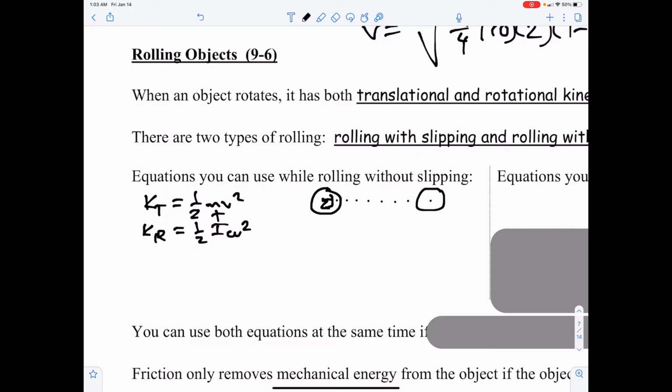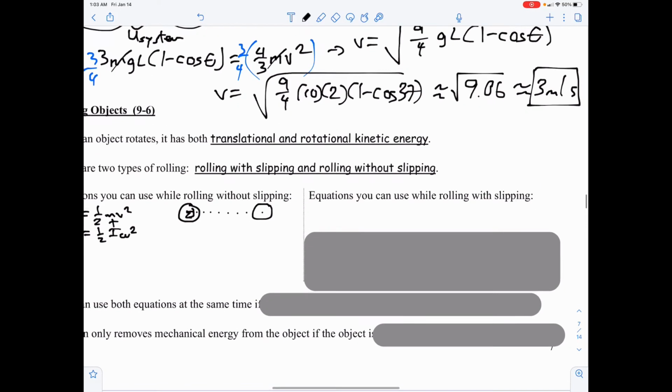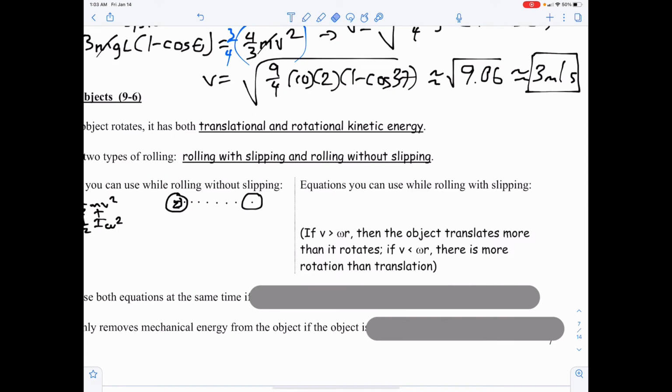So you got a little bit of both. Now, something else to consider: if the translational speed is greater than r omega, then the object is going to translate more than it rotates. The opposite is true. If the translational speed is less than r omega, then there's more rotation than translation.